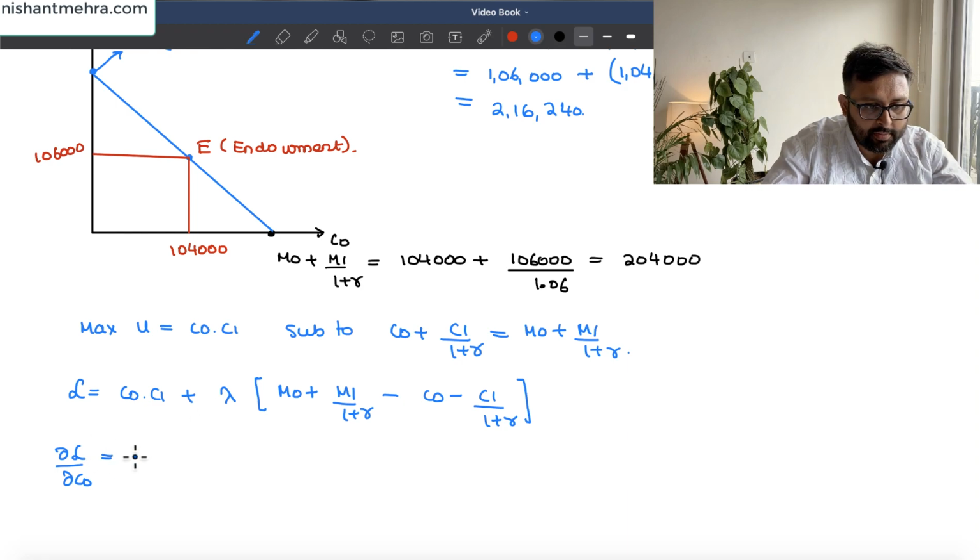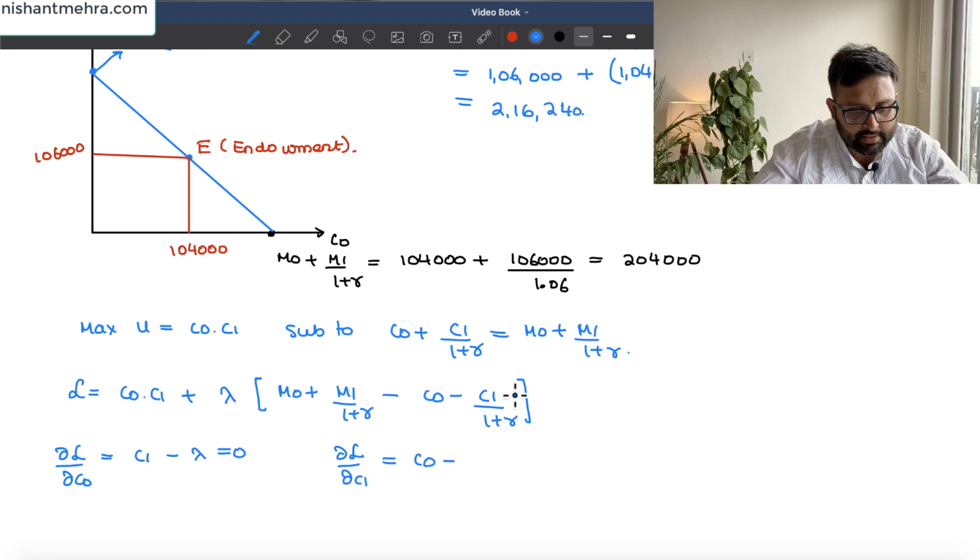So del L by del C0 is C1 minus lambda equals 0. Del L by del C1 is C0 minus lambda upon 1 plus R equals 0.